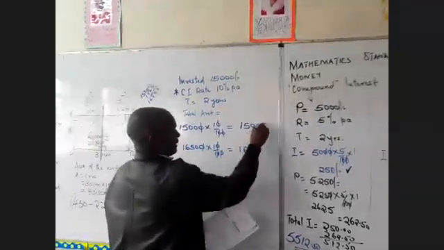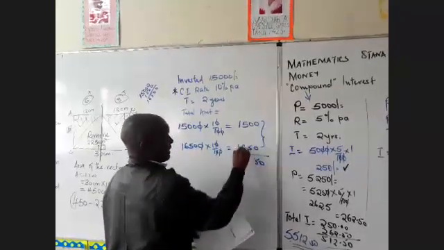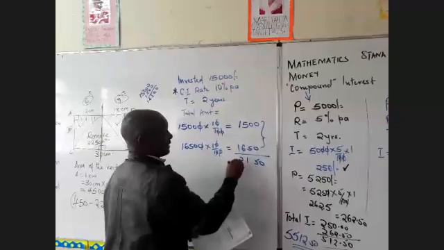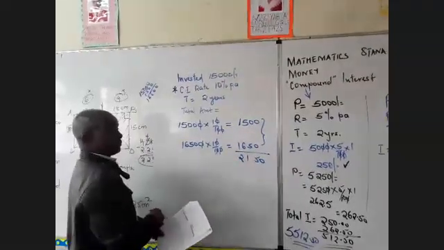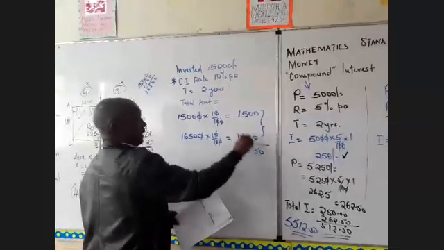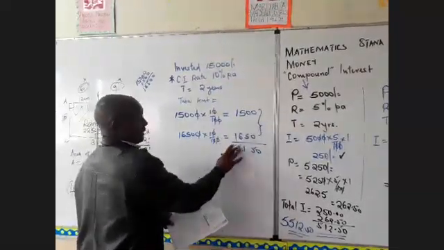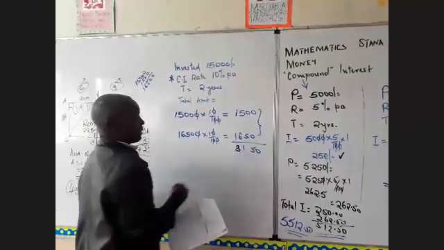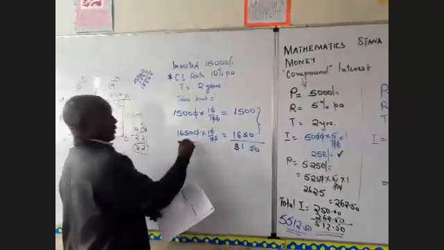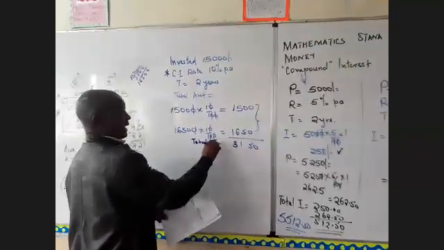So the total interest in the 2 years: 0, 5, 11, carry 1, 2 is 3. That's the total interest earned.